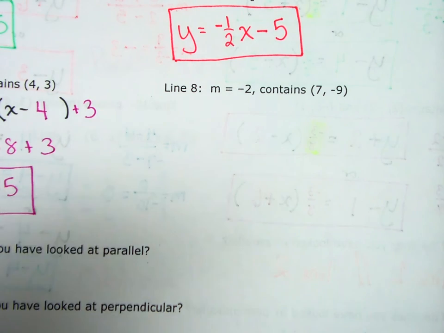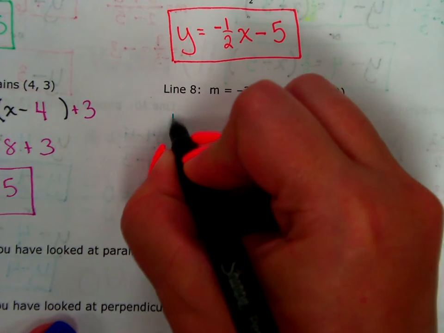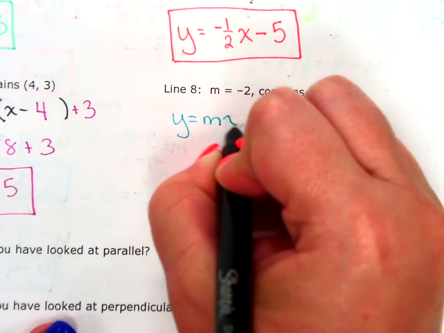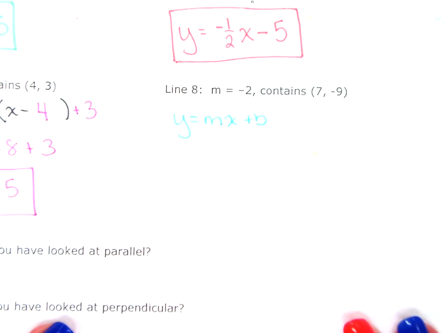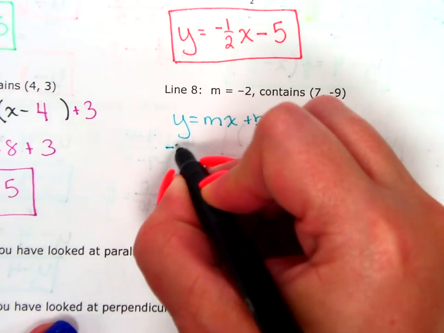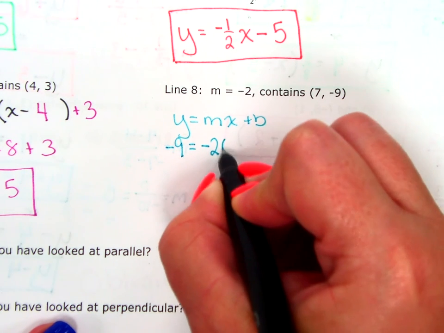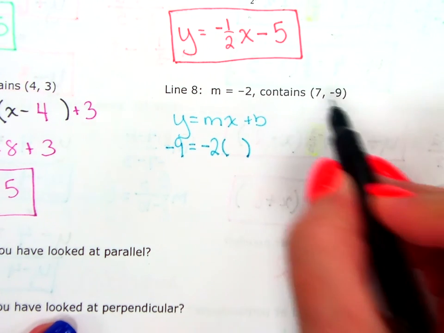So for number 8, do you want to do it with point slope form or with substitution? Substitution. Okay, let's try with substitution. So I know the m, I don't know the b. If I look at y equals mx plus b, this is just another way to solve it. My y value that they gave me is negative 9. I'm going to substitute that in for y.